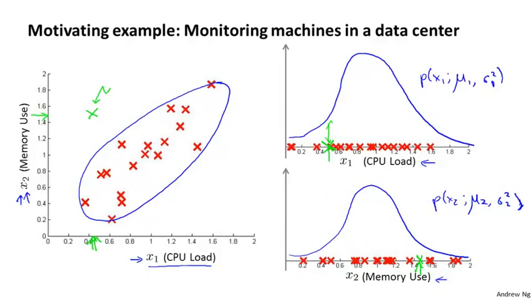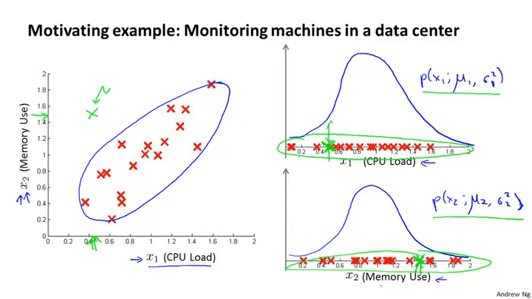And so p of x1 will be reasonably high, and p of x2 will be reasonably high. If you look at this plot, this point here doesn't look that bad, and if you look at this plot, across here, it doesn't look that bad. I have had examples with even greater memory use or with even less CPU use, and so this example doesn't look that anomalous. And so the anomaly detection algorithm will fail to flag this point as an anomaly.